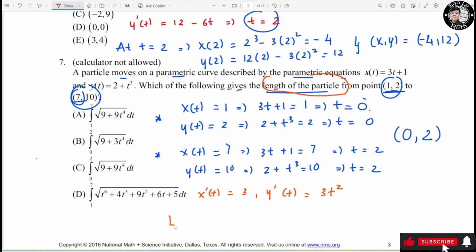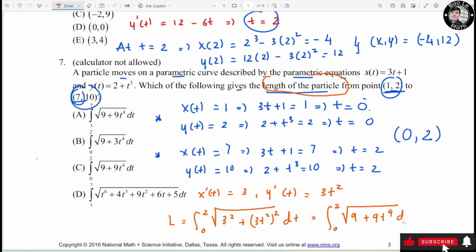So the length is the integral from 0 to 2 of the square root of x prime of t squared plus y prime of t squared, so it could be 3 squared plus 3t squared altogether squared, dt, right? So we're going to simplify this one. It's going to be the integral from 0 to 2 of the square root of 9 plus 9t to the 4 dt. So the answer must be A.